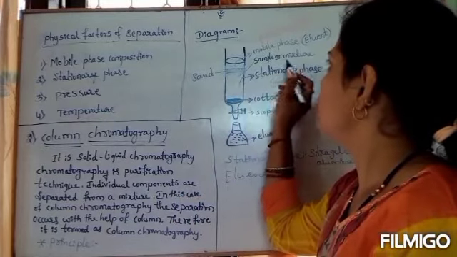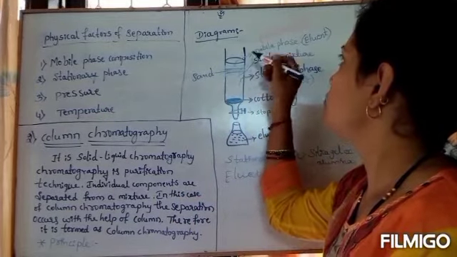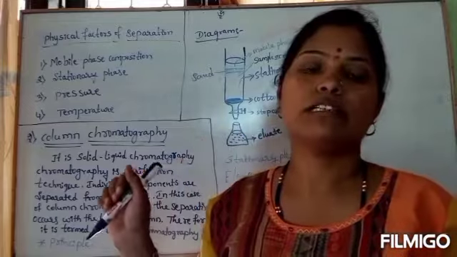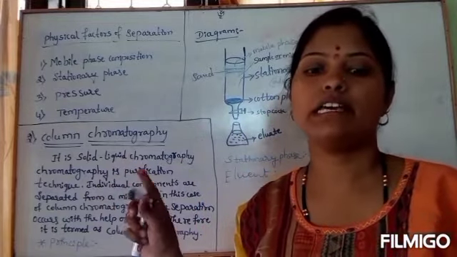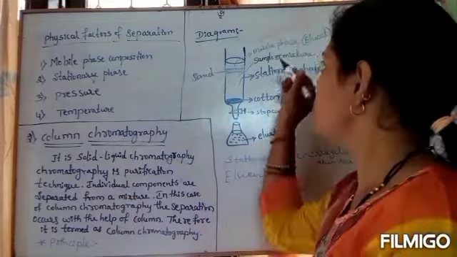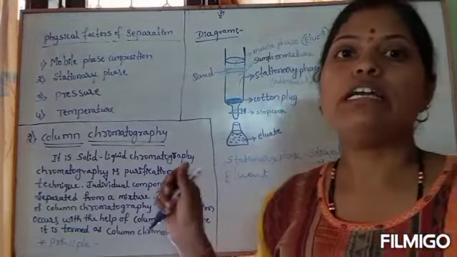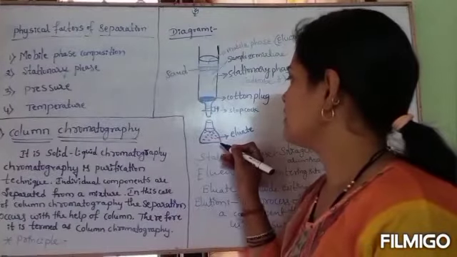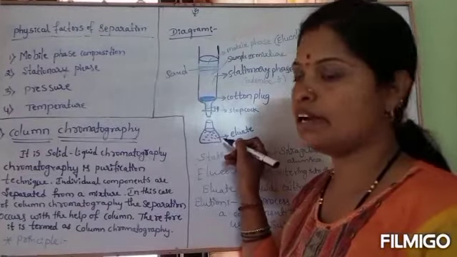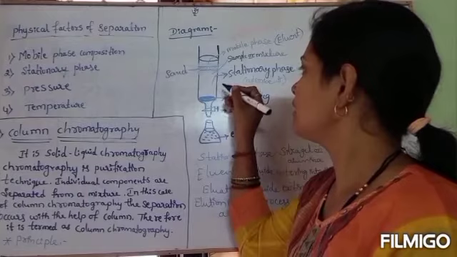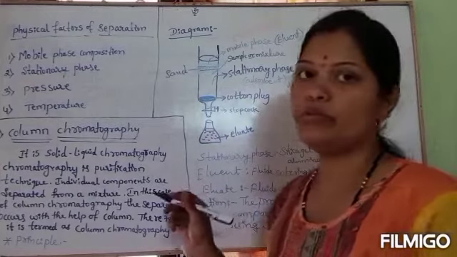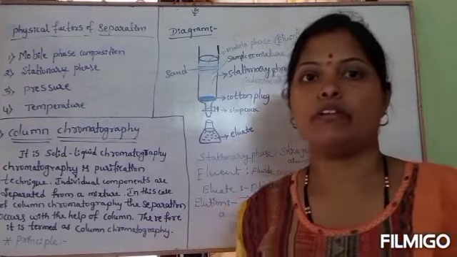Lastly comes the mobile phase, called the solvent. It may be hexane or ethyl acetate; any one solvent they pour above, and that is called the eluent. Also, a flask is placed at the bottom to collect the components from the glass column.